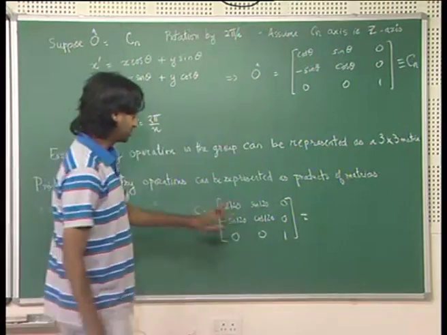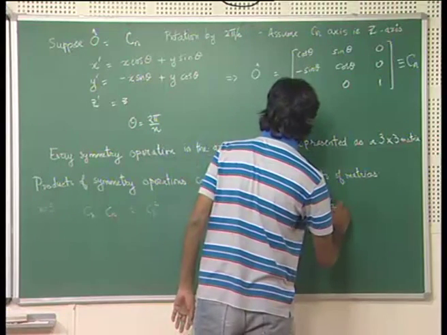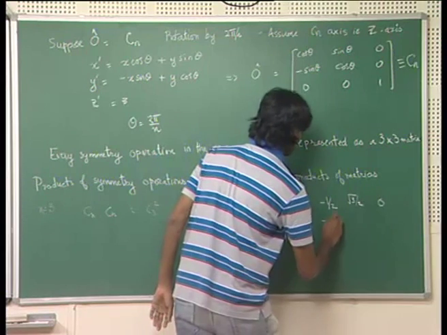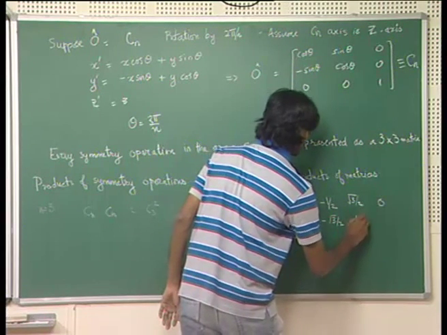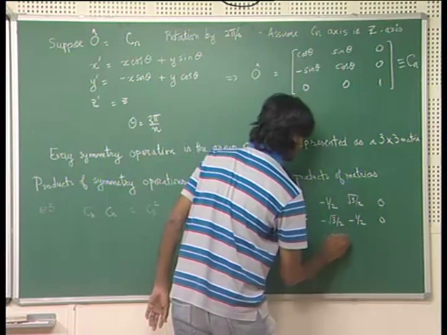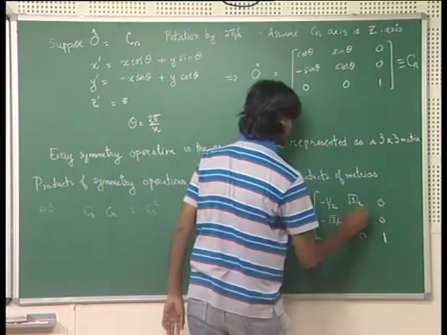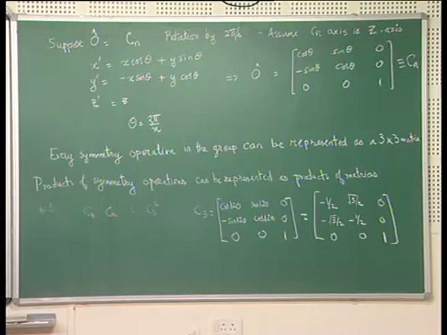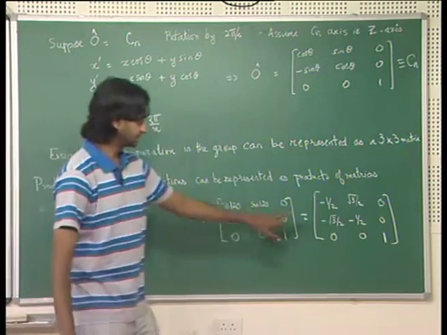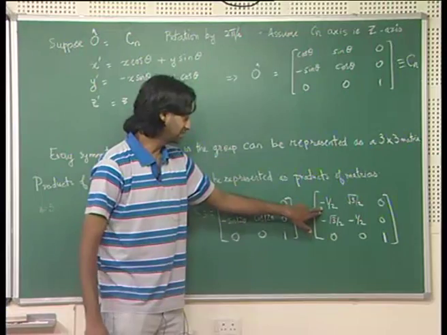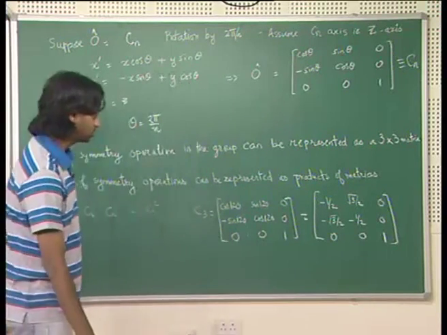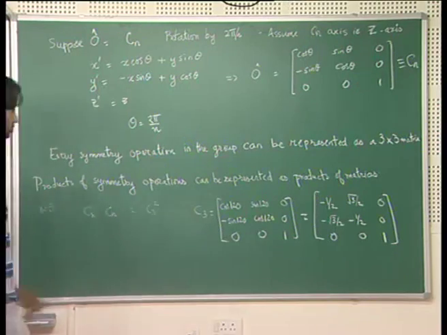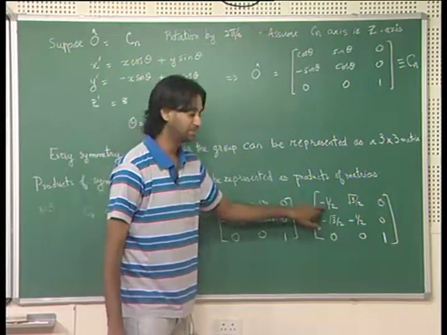Now, cos 120 is minus half, sin 120 is root 3 by 2. So the matrix is minus half, root 3 by 2, 0; minus root 3 by 2, minus half, 0; 0, 0, 1. So, C 3 is represented by this matrix. The next question is, what about C3 square? C3 square will just be this matrix multiplied by itself.